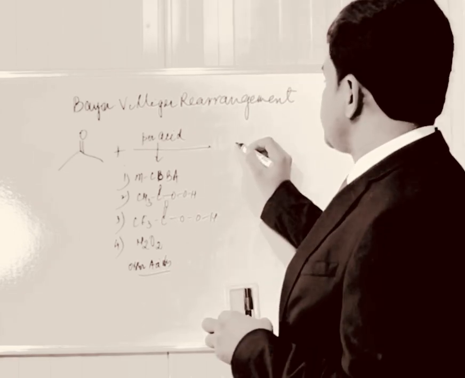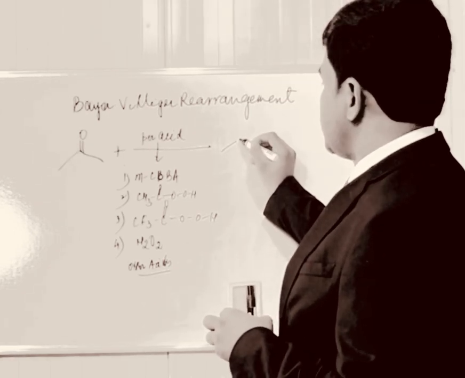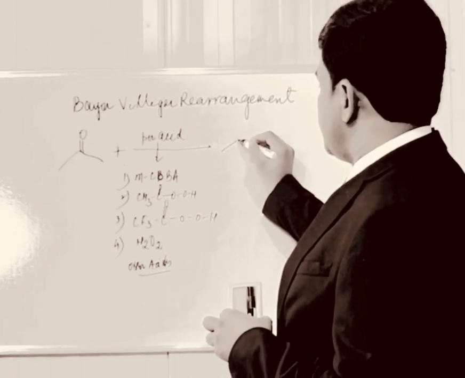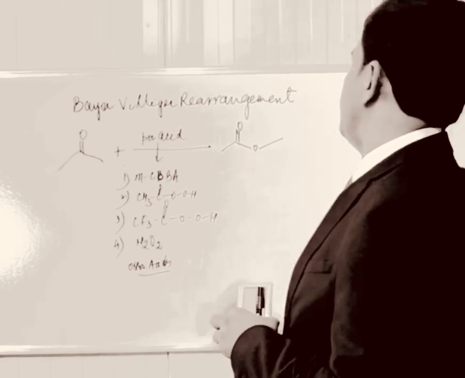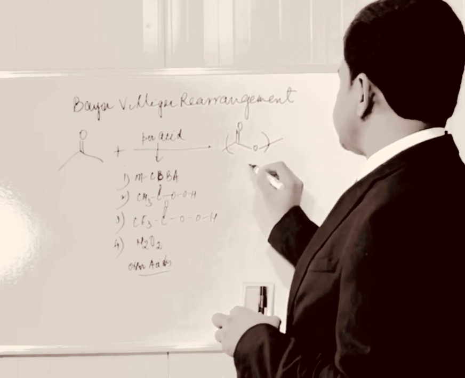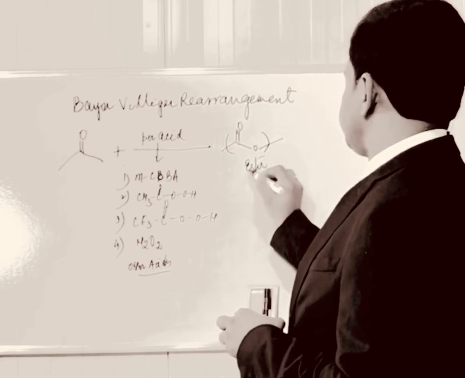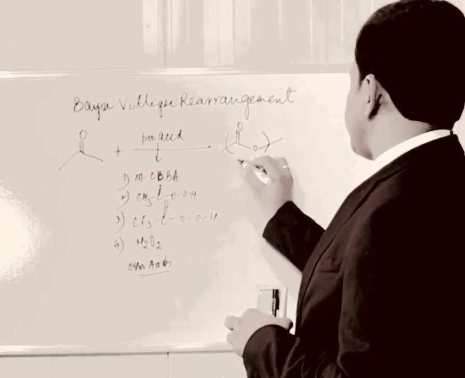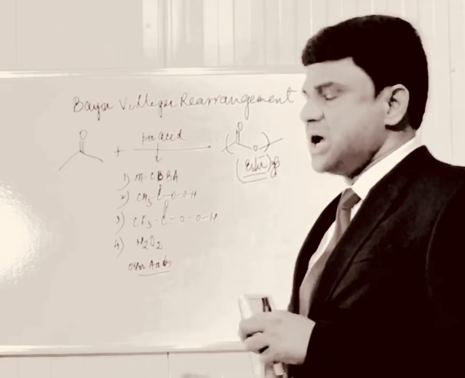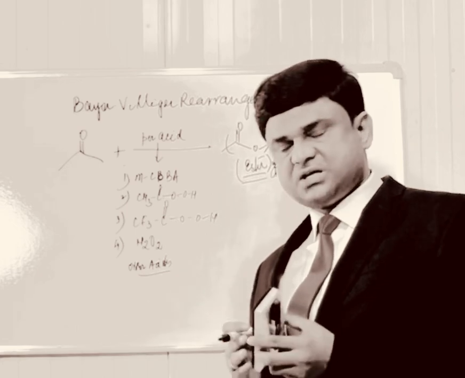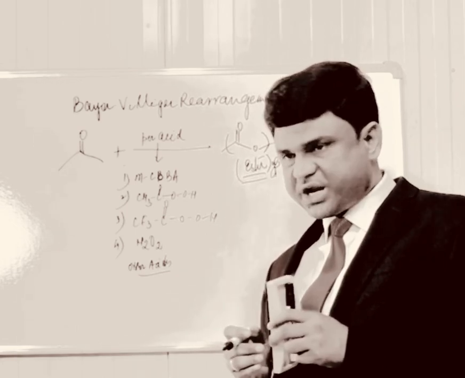Then there is formation of a product like this, O and here O, like this group is known as the ester group. That is the formation of an ester via this reaction, and this reaction is very important.